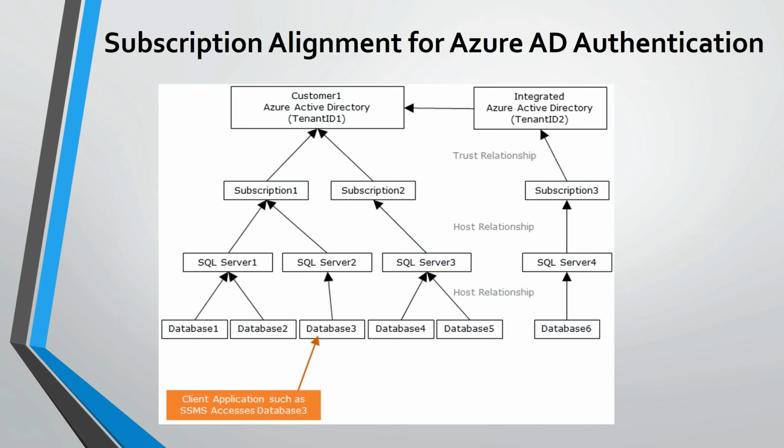Now, if you want to create new Active Directories, then this is the mechanism you have to follow. You have to associate the subscription with this directory on one side, and on the other side make sure that this subscription hosts the SQL Server. We will go through this example, because if you don't check this step, the initial provisioning of AD Auth will fail.